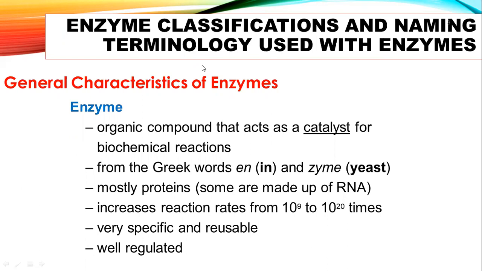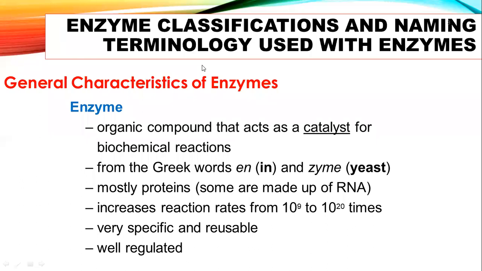So enzyme comes from the Greek word en or in, and zyme, from the word yeast. And most enzymes actually are proteins, though some are made up of ribonucleic acid. No? It increases the reaction rates from 10 to the 9 to 10 to the 20 times. Imagine, unsa nang 10 to the 9, di ba a billion is just 10 to the 6? 10 to the 9 is a billion.